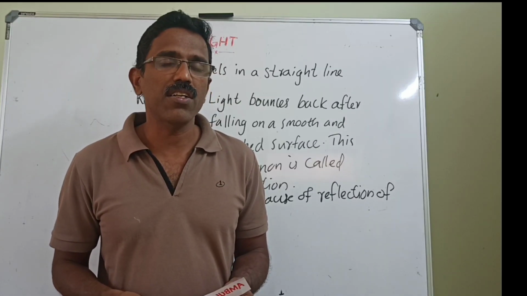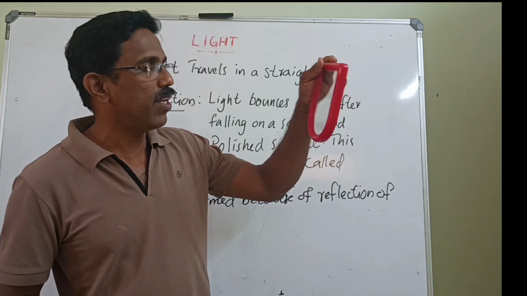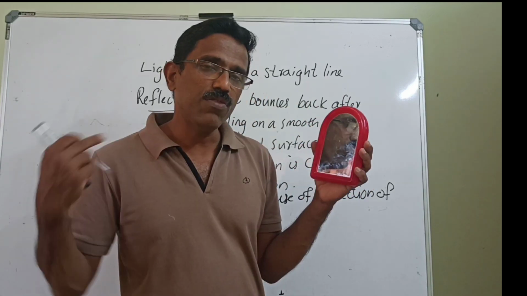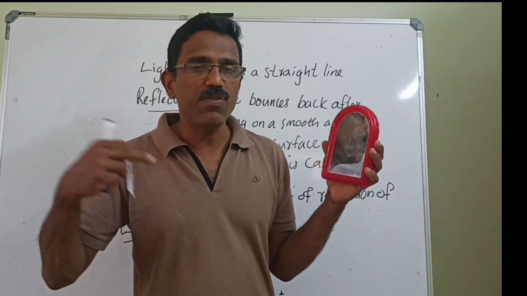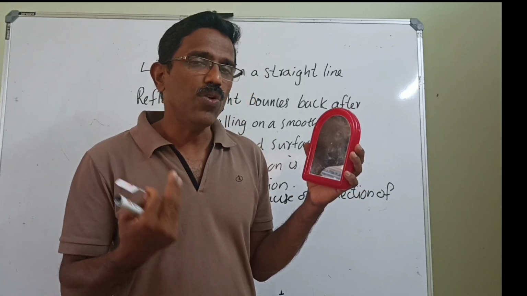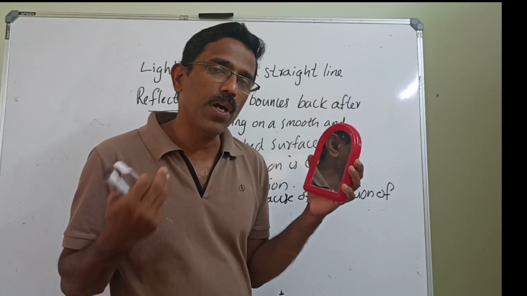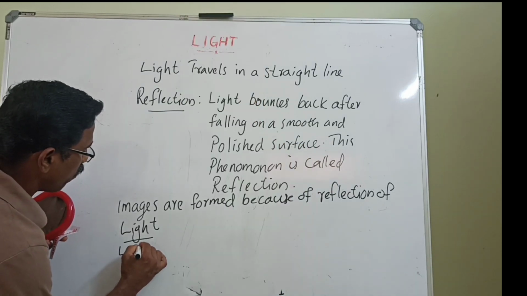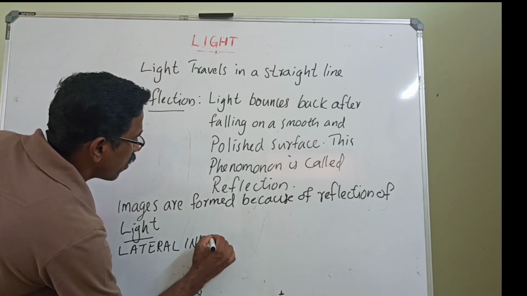Let us see the characteristics of the image formed by a plane mirror. We can see our image very clearly in a plane mirror. The left side of the object appears to be the right side in the image, and the right side of the object appears to be the left side. All images formed by mirrors are laterally inverted. There is a phenomenon called lateral inversion.